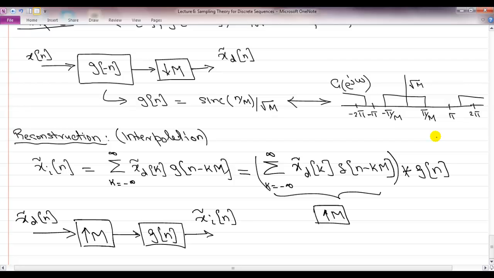It's exactly coming out to be the same thing in the discrete world. We take our sequence, we convert it into a train of impulses, which is just this upsampling operation, and then we low-pass filter it at a cutoff of pi over m.